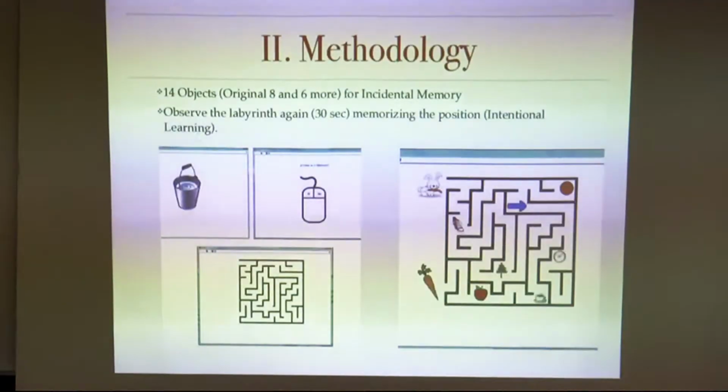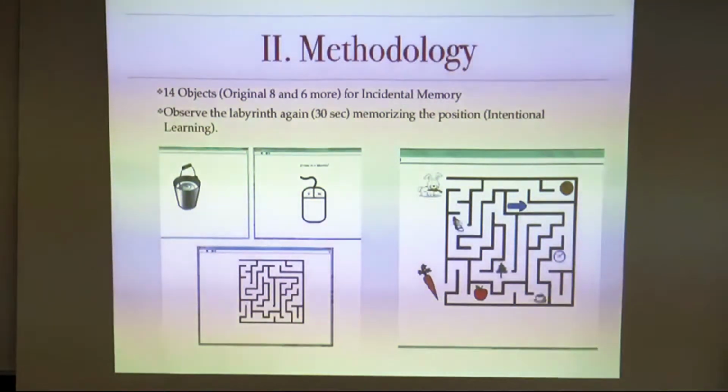And this is the interesting thing, because 14 objects are shown on the screen sequentially, asking the patient or the subject if it was in the labyrinth or not. This is also incidental memory, and the time markup is going to indicate to us how the response was at a specific moment of the patient's answer.